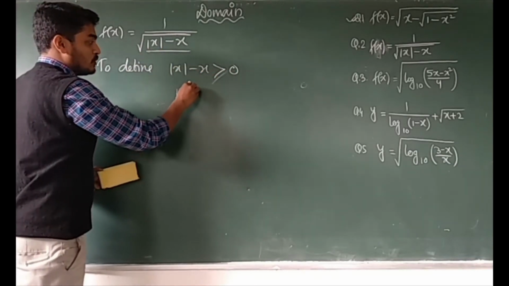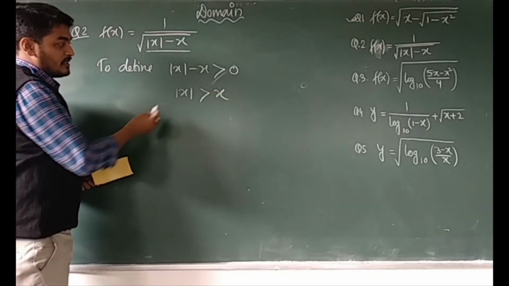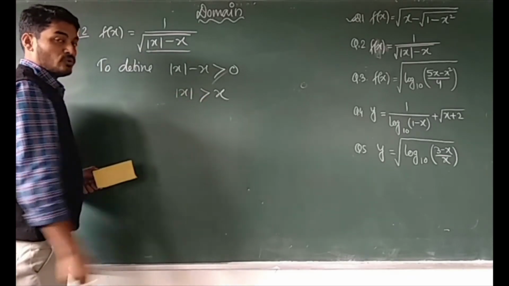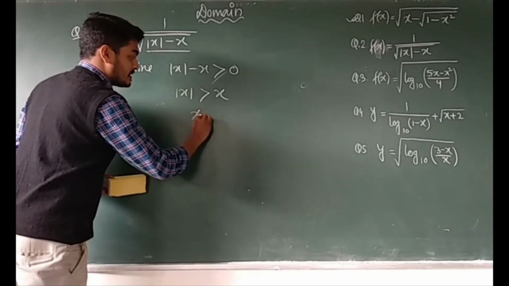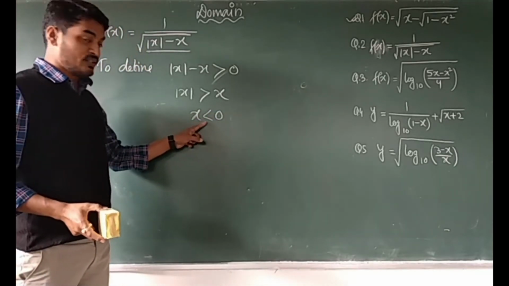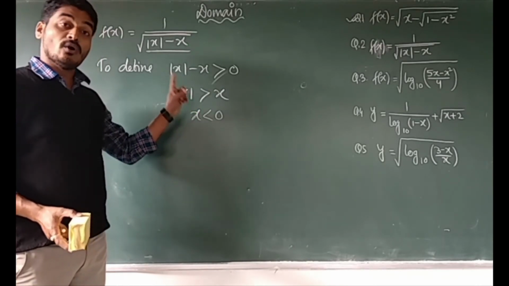You can say that modulus of x is greater than x. So observe carefully. Modulus of x is always a positive quantity. Under what condition will this be true always? When x is less than 0. If we consider any negative quantity in place of x, it will always be true.